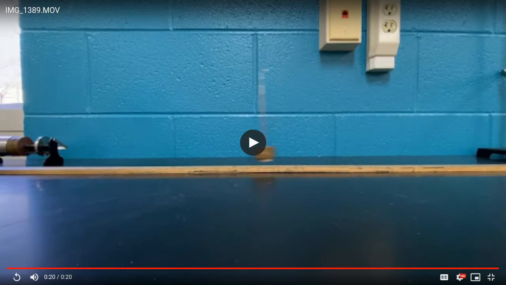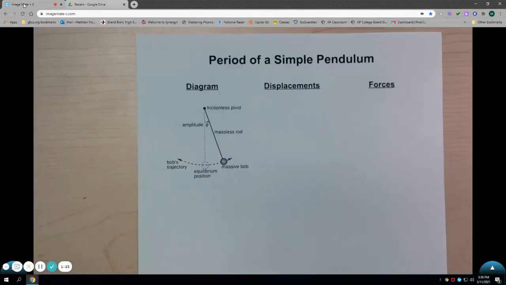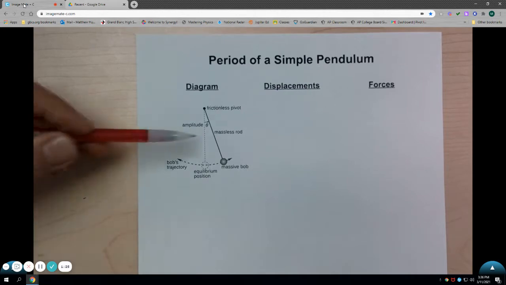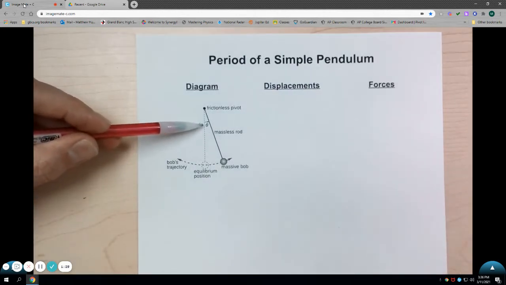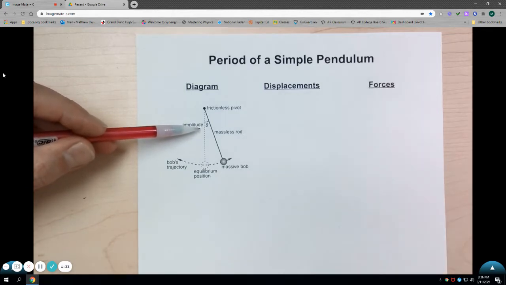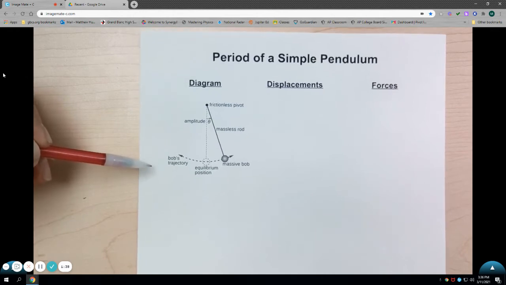So when we say that a pendulum moves in SHM, that's really only an approximation. In fact, the bigger this angle gets, the less the approximation is valid. So keep that in mind. Everything that we do here is going to work for small angles of theta. How small? Well, the smaller the better, I guess.